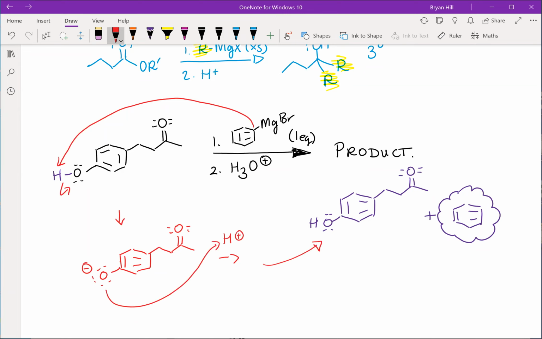So there's a way of getting around this, and that is to use excess Grignard reagent. If you used excess, the first equivalent would deprotonate that acidic proton, the second equivalent would attack the carbonyl. So that's one way to solve that issue.